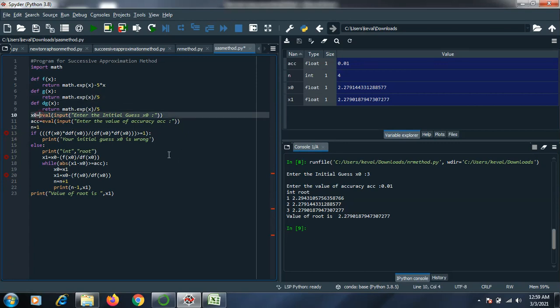Now are we going to change the line x0? No. Accuracy? No. Then the iteration initialization? No. The 13th line will be changed as the criterion of convergence is different.